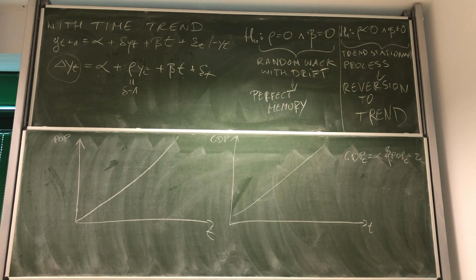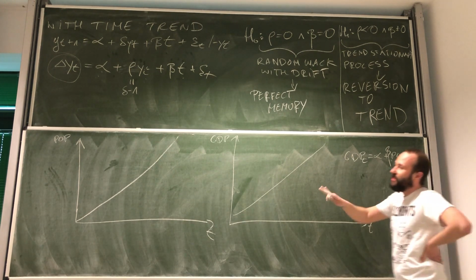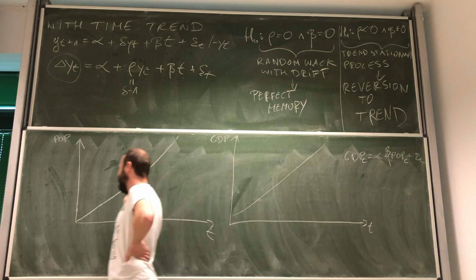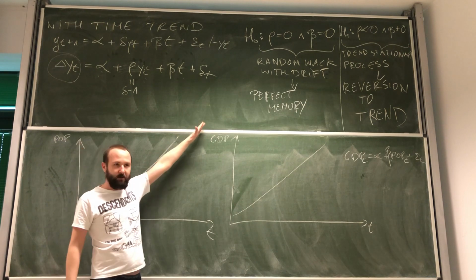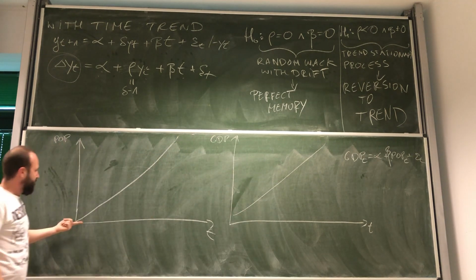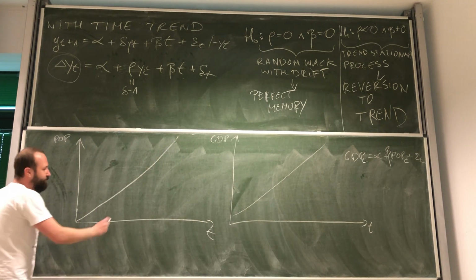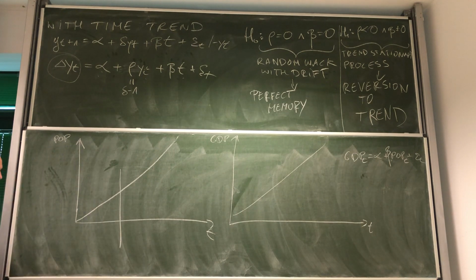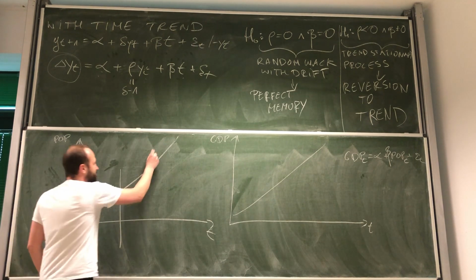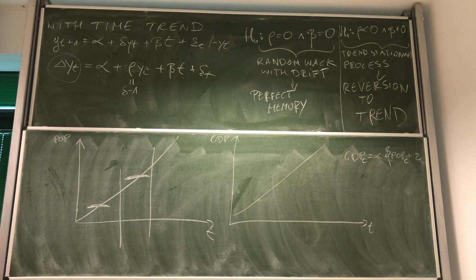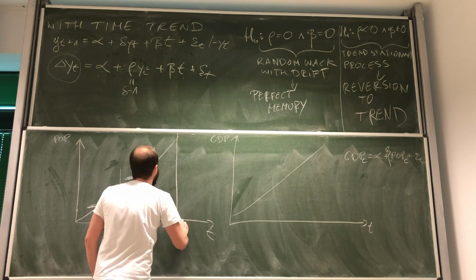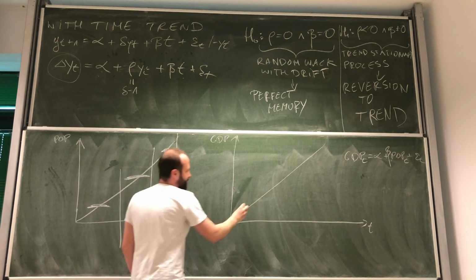Of course. Why? Both of these variables have trends. They are increasing over time. So, if we calculate mean over here, let's just say the mean is going to be here. If we calculate mean over here, it's going to be over here. If we calculate mean over here, it's going to be over here. And the same here.